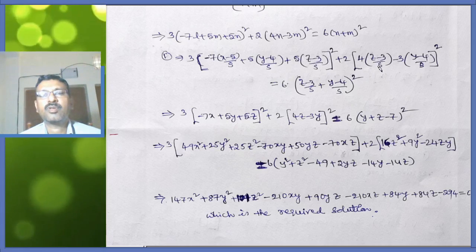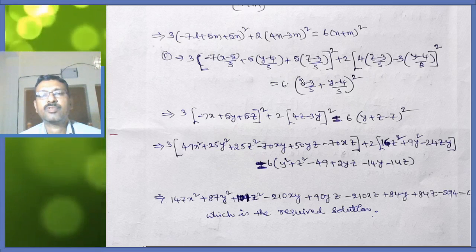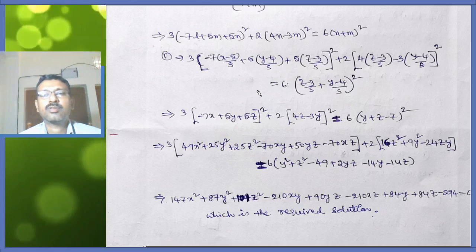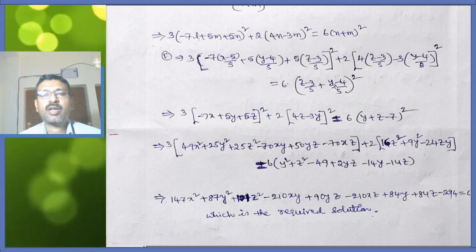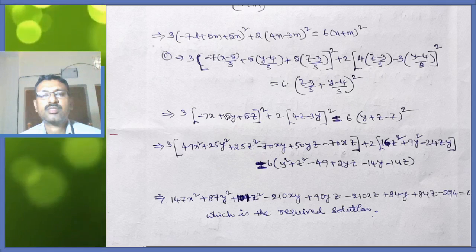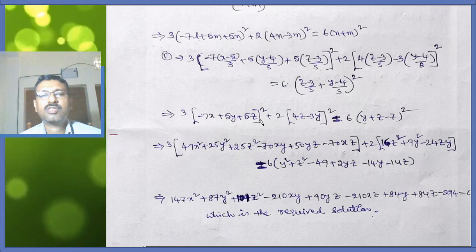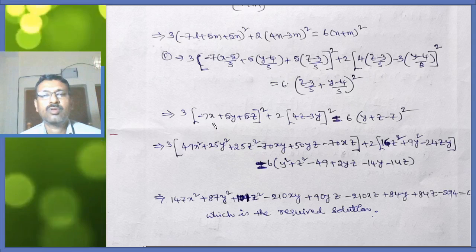Here also the same, the n and m values are substituted in terms of z and y. So in this process we have eliminated the elements and got the equation in terms of x, y, z. So this will be the equation of the required cone.